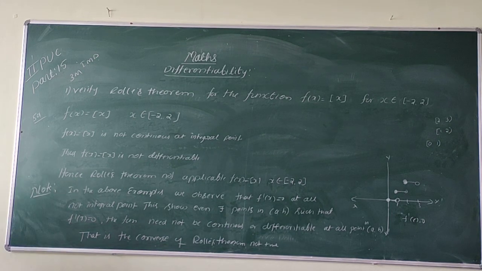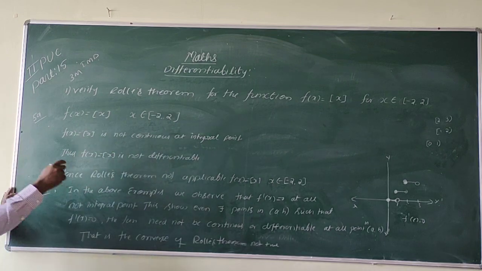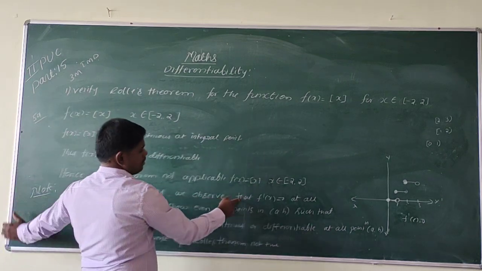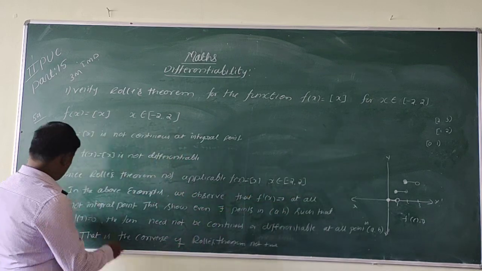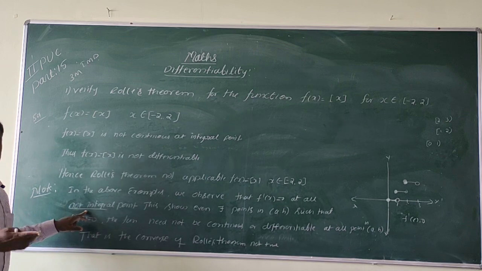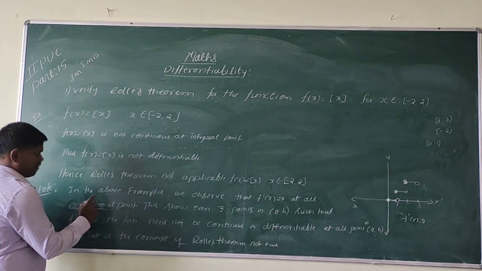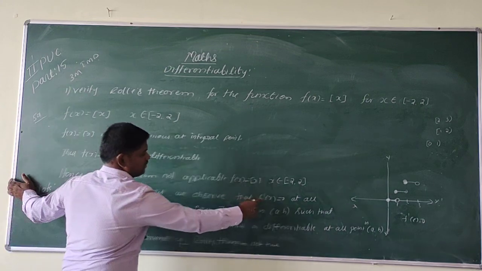So take this as a note. In the above two examples, we observe that f dash of x is equal to 0 at all non-integral points. At integral points it is not differentiable, but at non-integral points f dash of x is equal to 0.